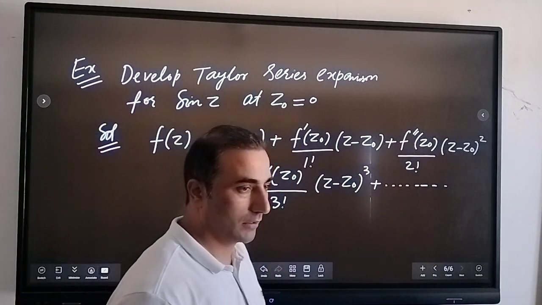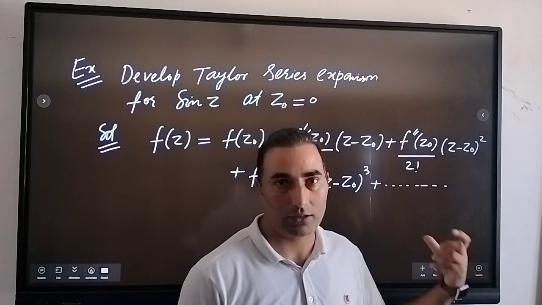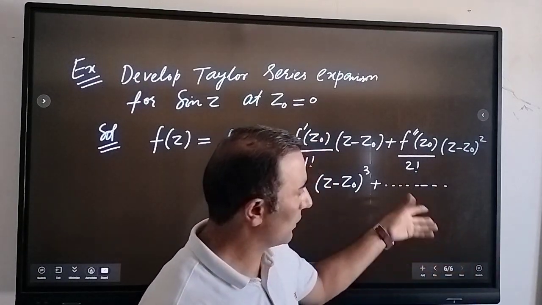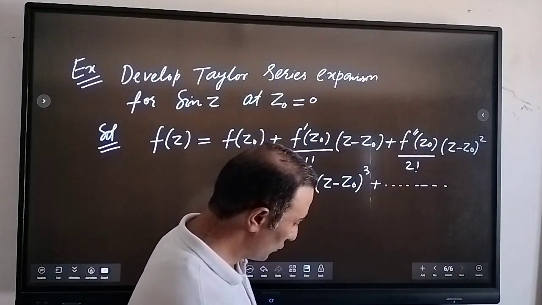So that's how we can express this function, or you can write it in some general form. So what we have discussed in the previous problem. So let us expand this.